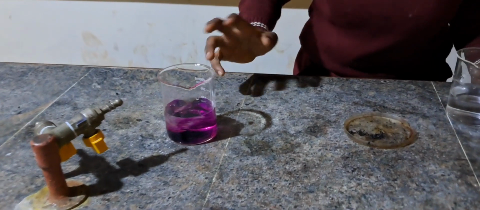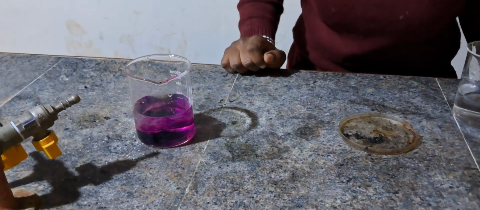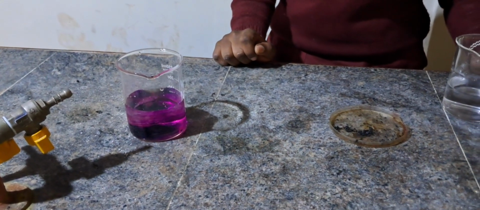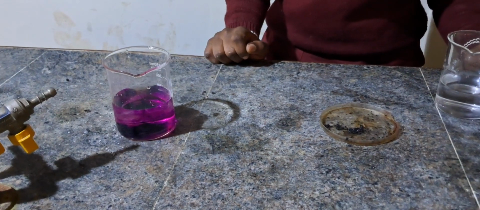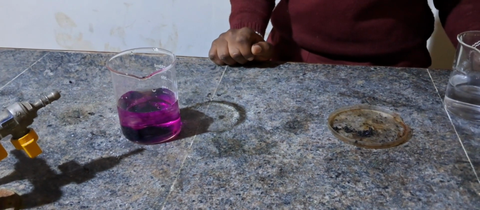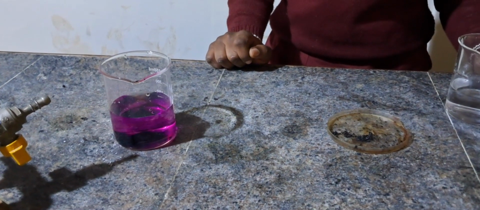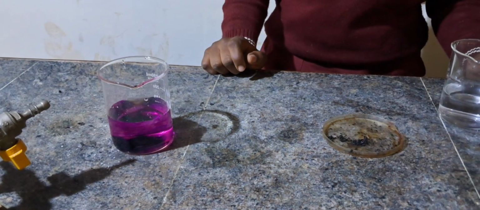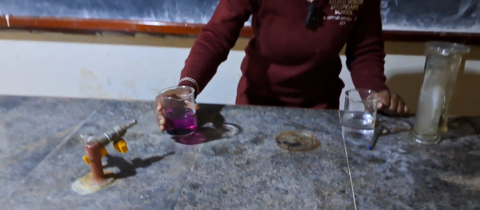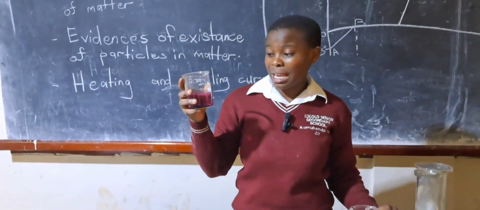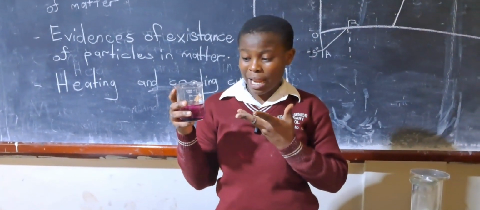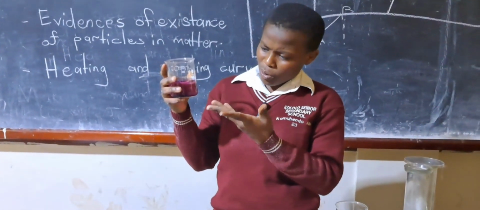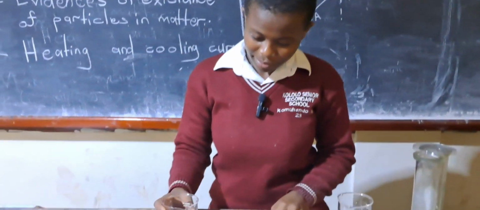Leave it for some time and observe what's happening. So now, as you see, the water which was colorless has changed into purple color. It has formed a mixture of purple color.